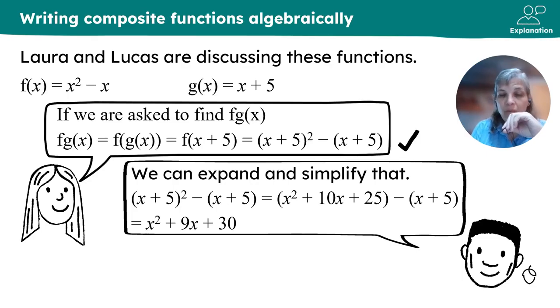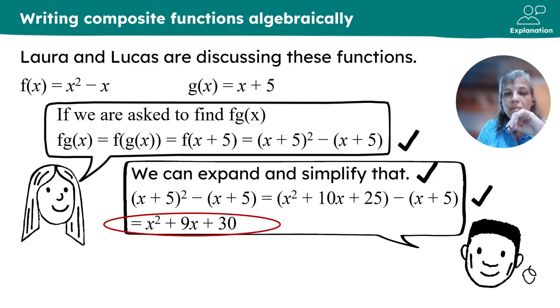Well, what they've done is true. You can simplify the algebra before you substitute into it. So you're allowed to expand and simplify. And they're correct in what they substituted in. That was fine, but there's a problem in this last line. What is that problem?